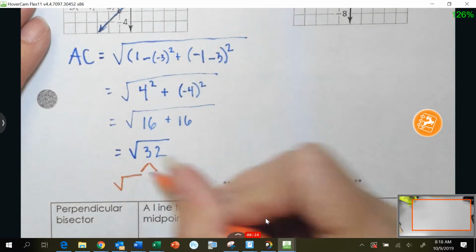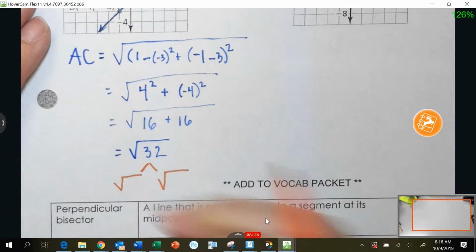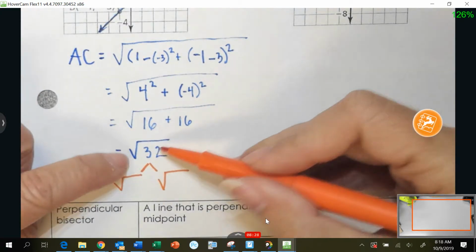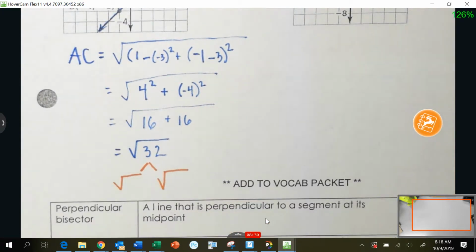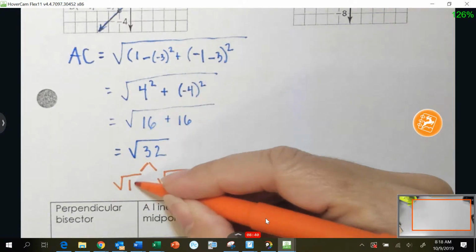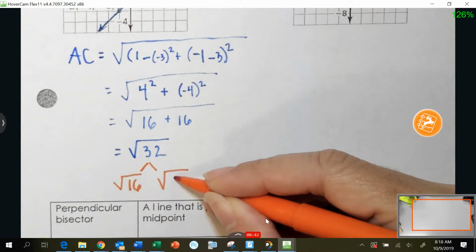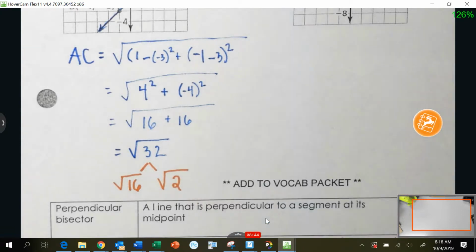We're going to square root by taking out any perfect squares that divide evenly into 32. So what number divides evenly into 32 that I can take the square root of? 16. 16 goes in there how many times? 2 times. So since I can take the square root of 16, I'm going to take the square root of 16.